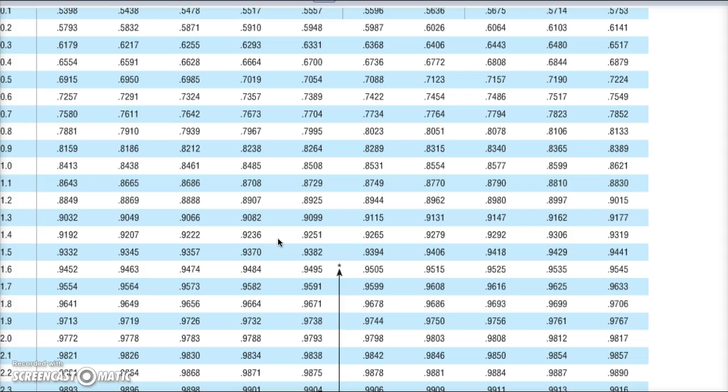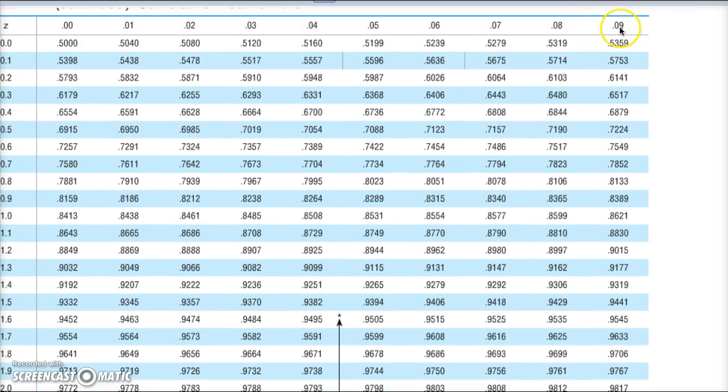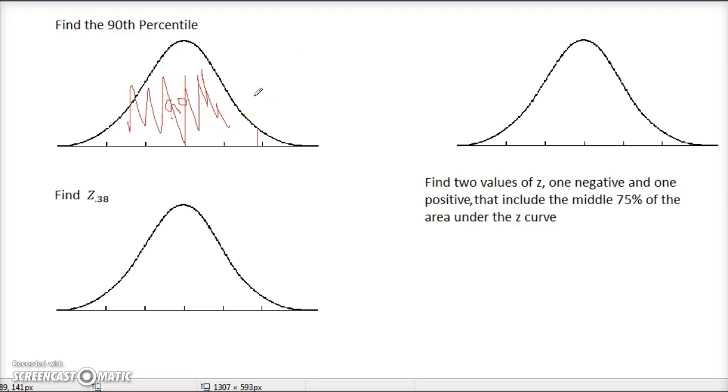It looks to be the closest one is around right here, so we say 1.2, and the last digit will be, just to show you, 1.29. So again, it's 1.29. So that is our answer for the first question. So this line is z equal to 1.29.